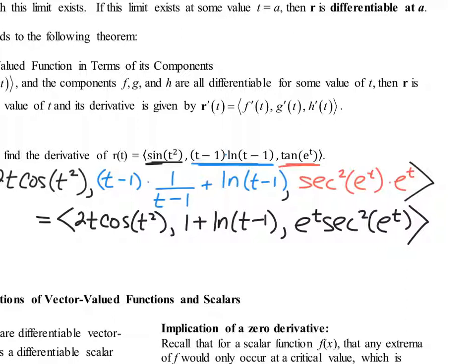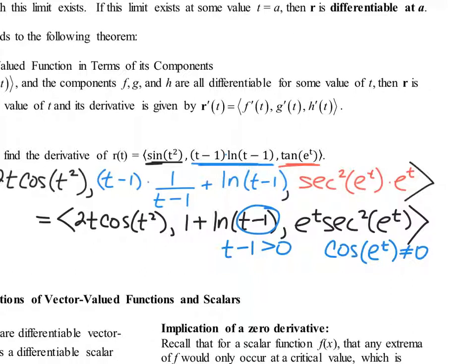So what I need to do is figure out really two things. Anything that's going to make the natural log exist. So I need t minus 1 to be greater than 0. And I also need cosine of e to the t to not be equal to 0.